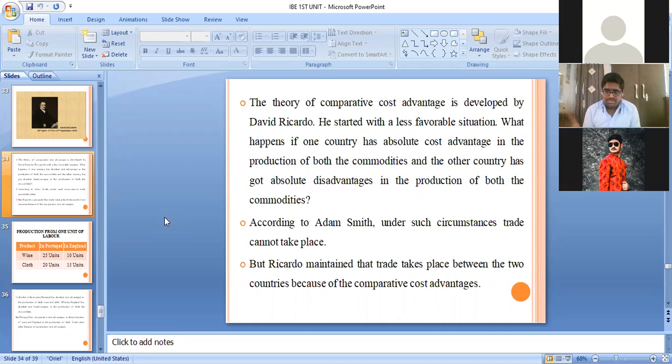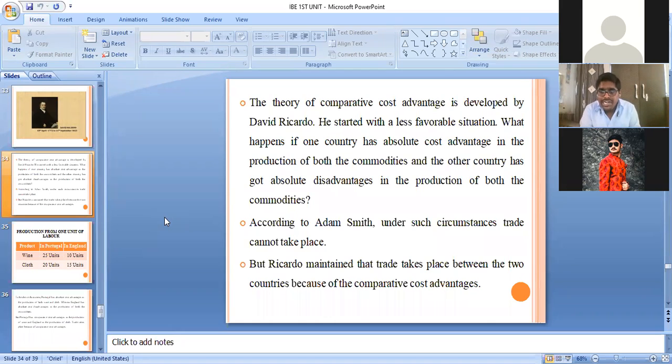What happens if one country has absolute advantage in the production of both commodities, and the other country has absolute disadvantage in both? According to Adam Smith, if this happens, trade will not happen. David Ricardo gave a conclusion: he told that trade can take place, but it takes place because of only comparative cost advantages.